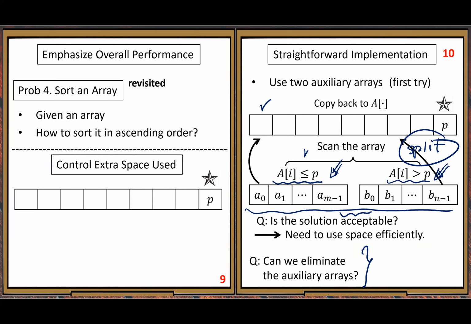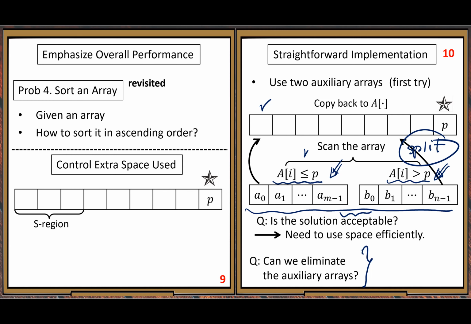That's the main point. When we move, we want to conceptually split the positions of the original array into regions.